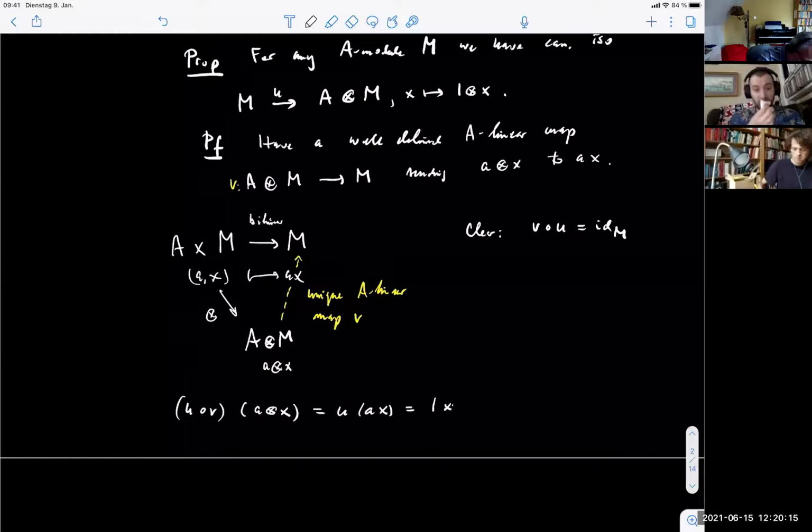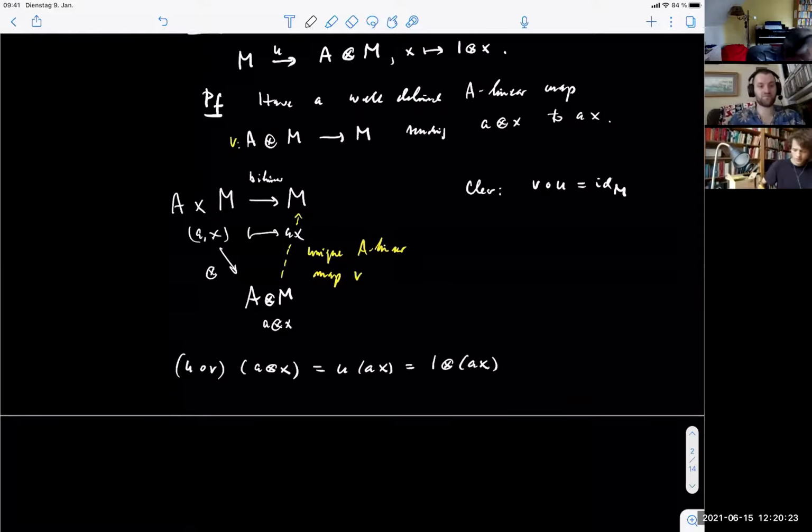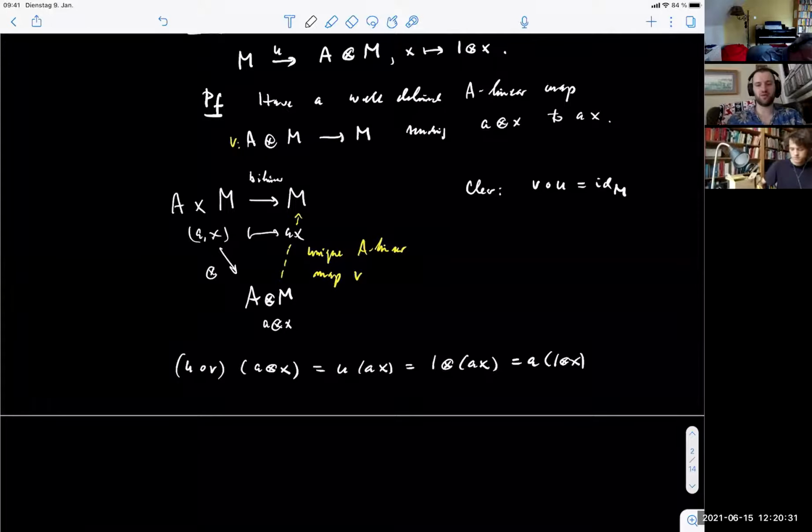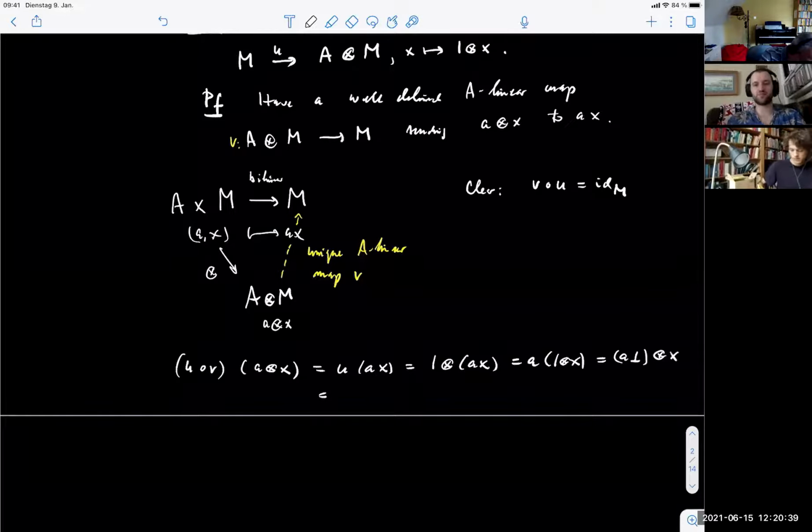It is one tensor AX, and now I put parentheses to be 100% clear. Now I use that my tensor product is A bilinear, so I can pull out the A, and I can move it in to this side. I'm going very slowly. This is by bilinearity, and A times 1 is A.